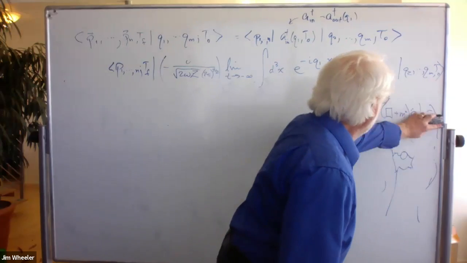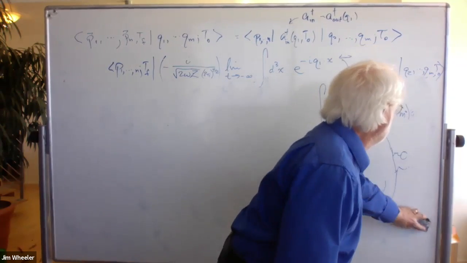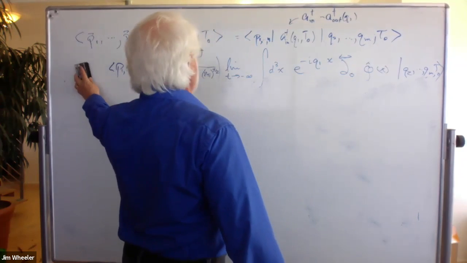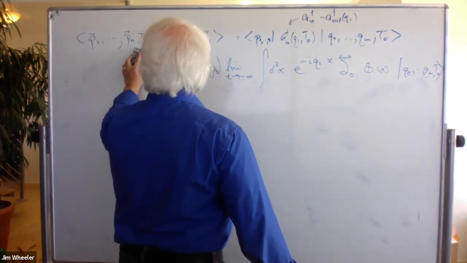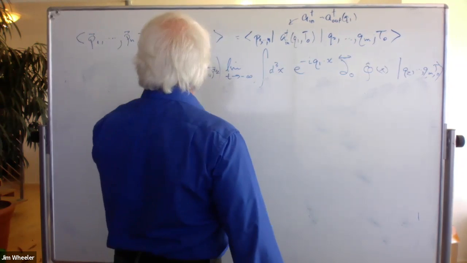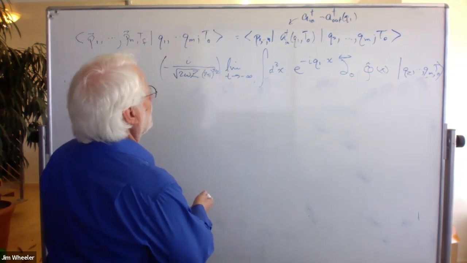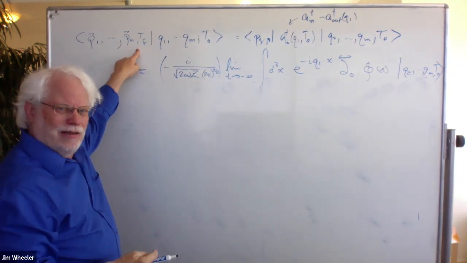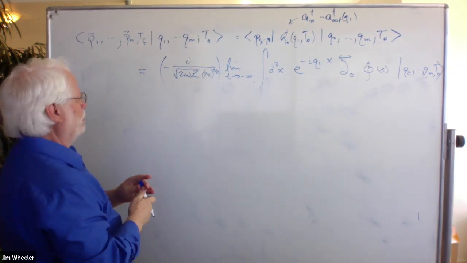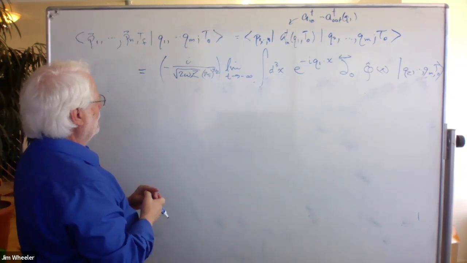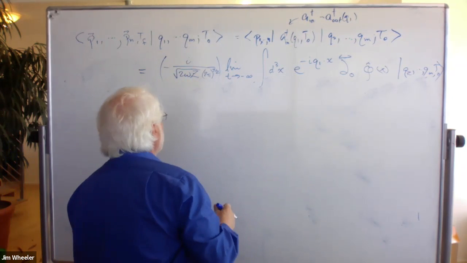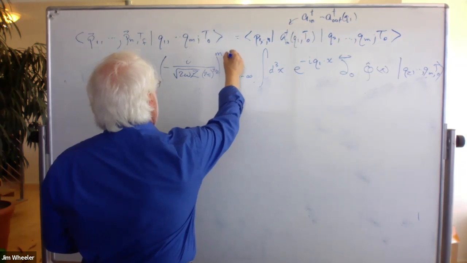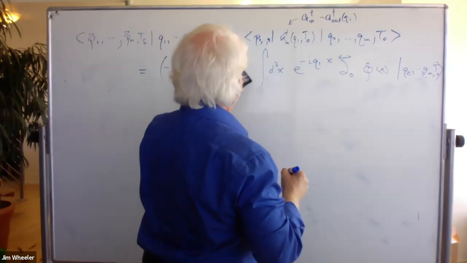So here's our initial transition amplitude. And we're going to have a factor like this one for all m plus n particles.